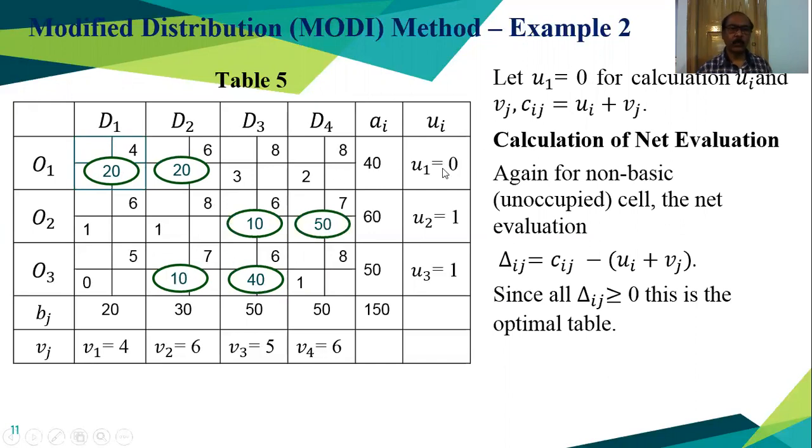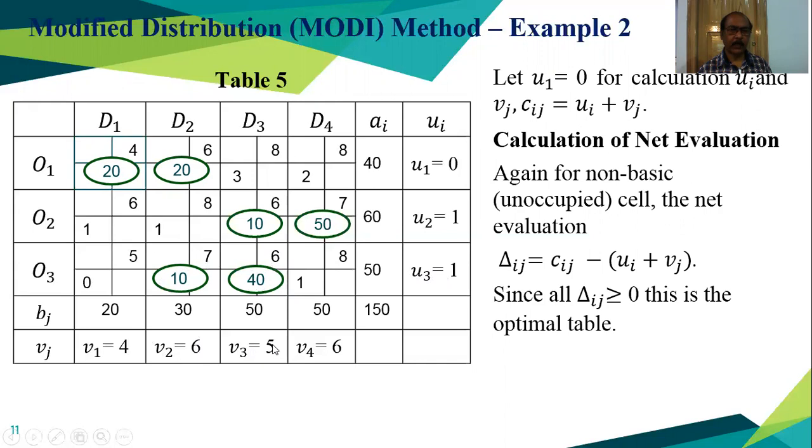Again, we are choosing U1 equal to 0, and with the help of that, we are calculating that this is 4 and 6. Since this is 6 and this is 7, that is the allocation. So U3 should be 1. As U3 is 1 and the allocation is 40 and the cost is 6, V3 will be 5.